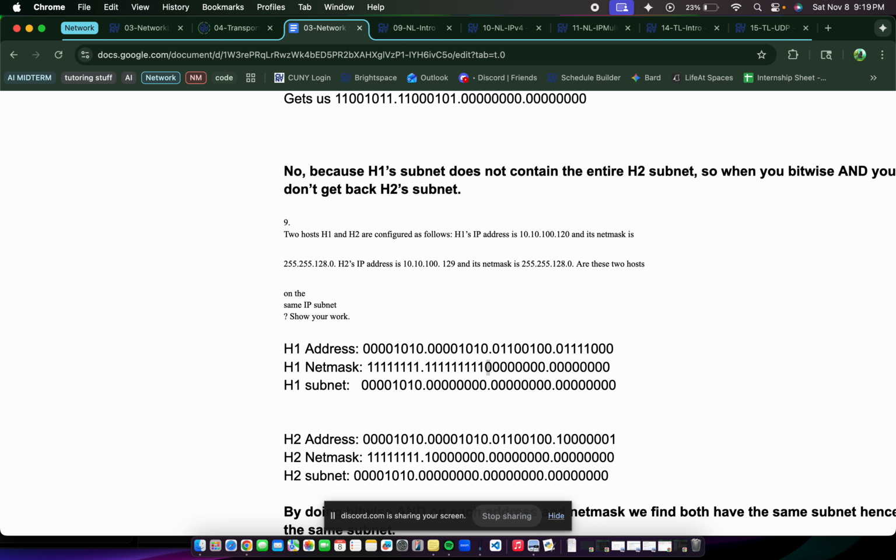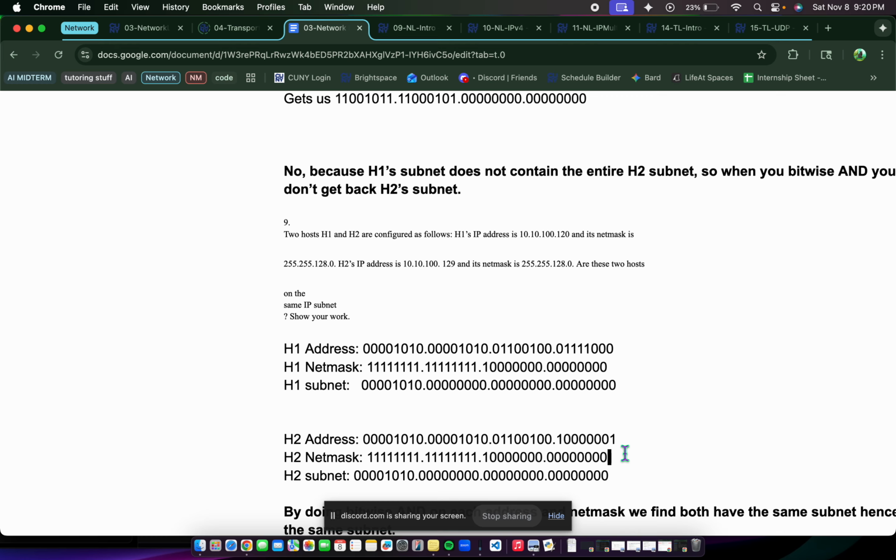Why is this not working? Okay. So both of these have the same netmask, right? Is this 1, 2, 3, 4, 5, 6, 7 zeros? Okay. So I'm going to copy this over and put it over here.